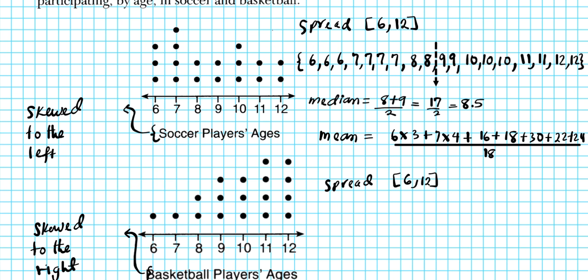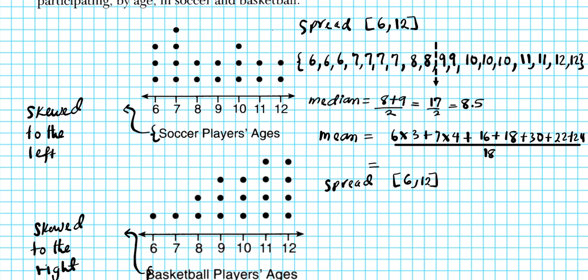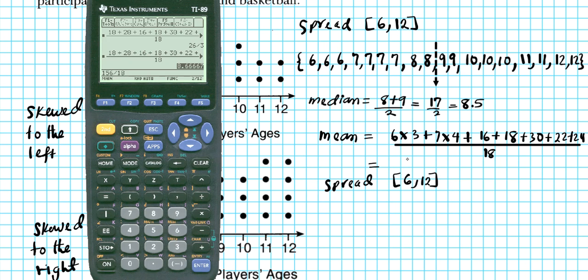So just do that in our calculators. Okay, when you do that with your calculator, I just did it with my TI-89 here, you get 8.6. Okay, 8.6 repeating, that's your mean for soccer.